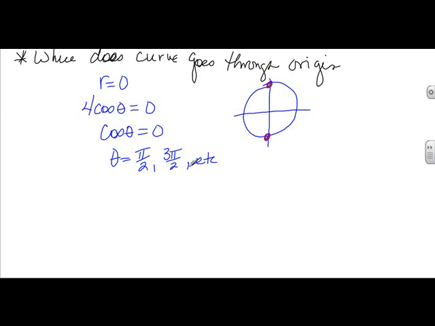So the tangent slope at, let's say, theta equals pi over 2 will be the tangent of pi over 2, which is undefined.